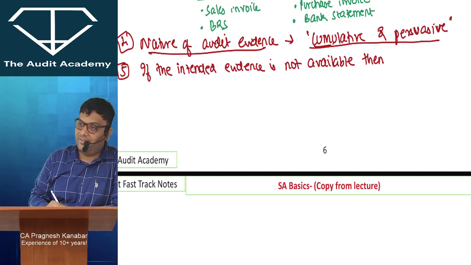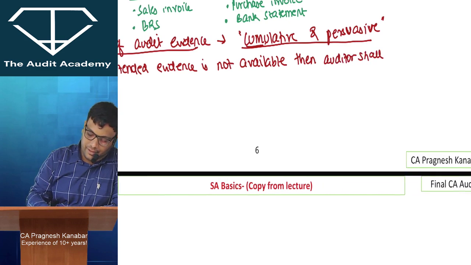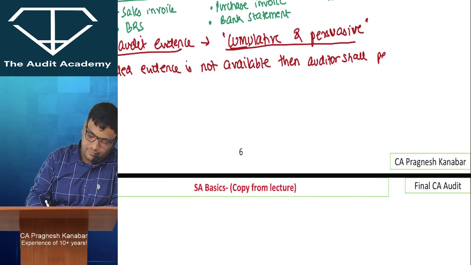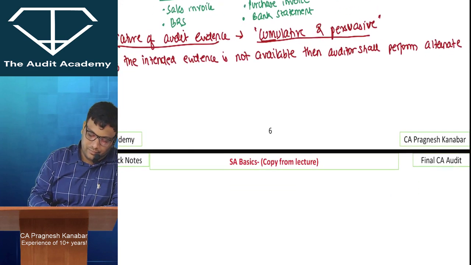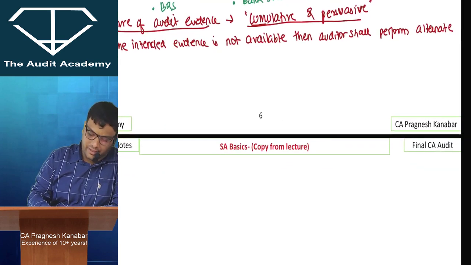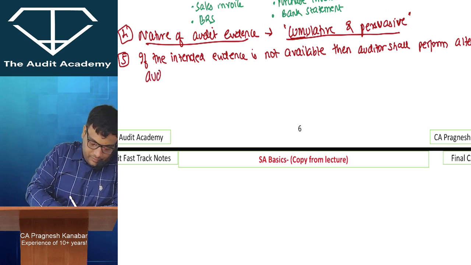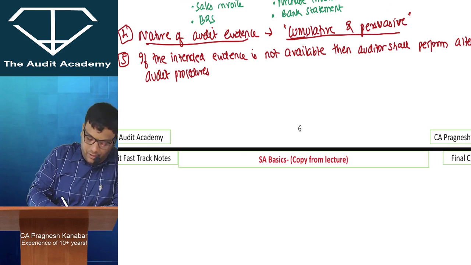If the intended evidence is not available, then the auditor shall perform alternate audit procedures.